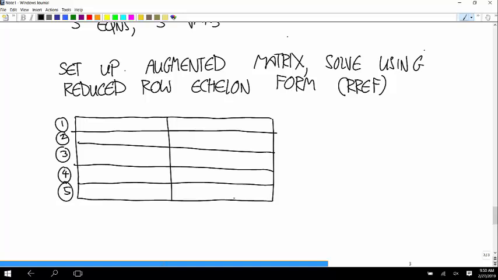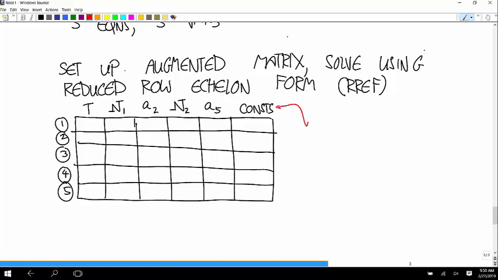And each column represents a variable. So the variables we have are T, N1, A2, N2, and A5. And there's one column left over, and this is the constants.